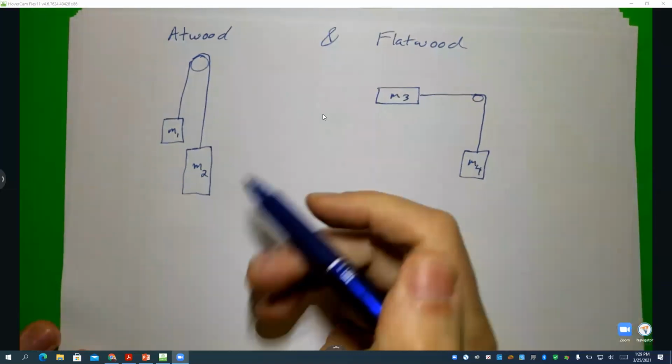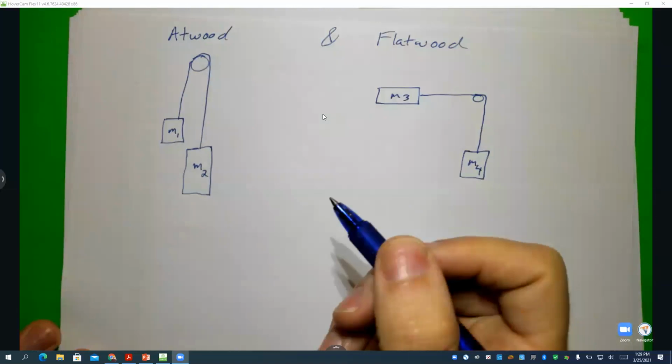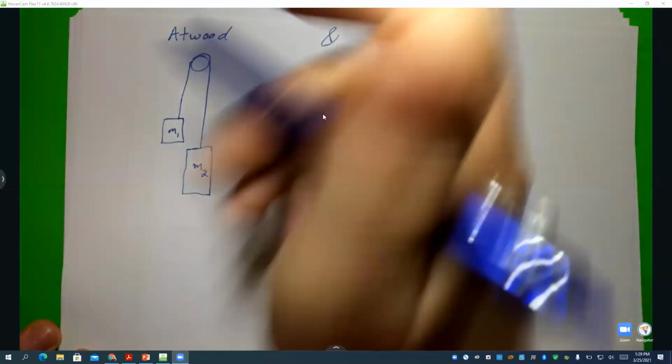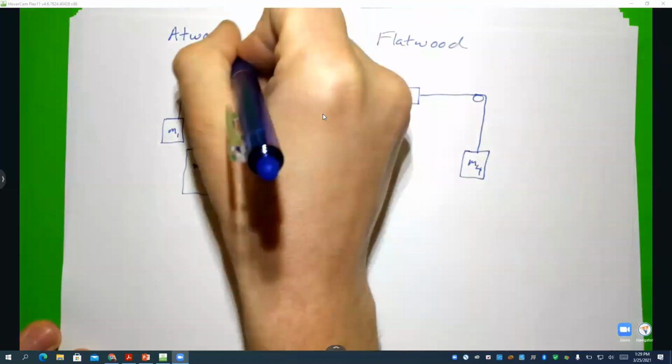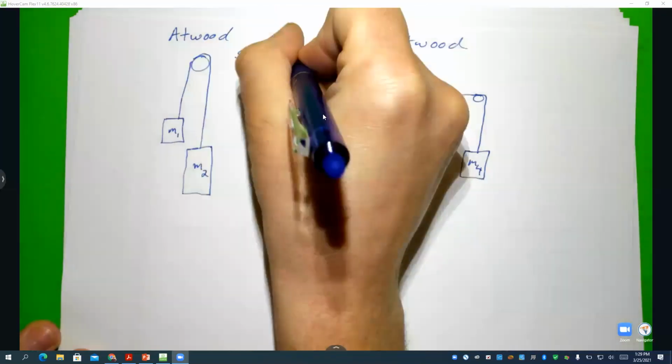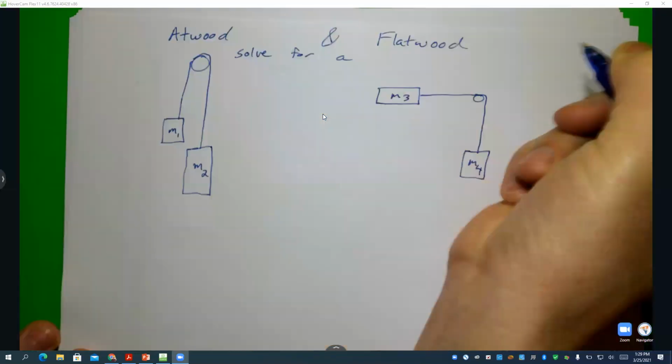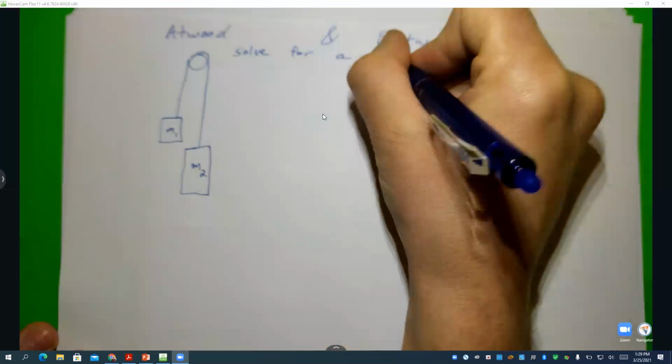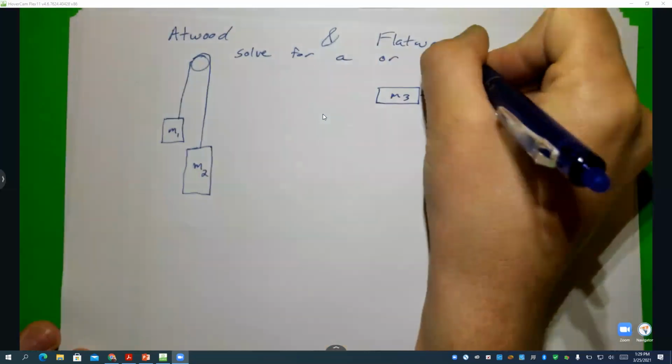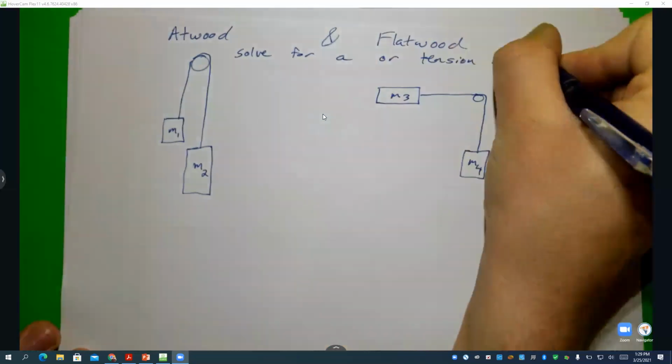Where you can solve, they'll oftentimes ask you to solve for acceleration or tension or both.